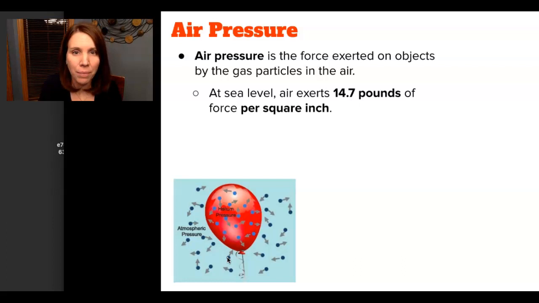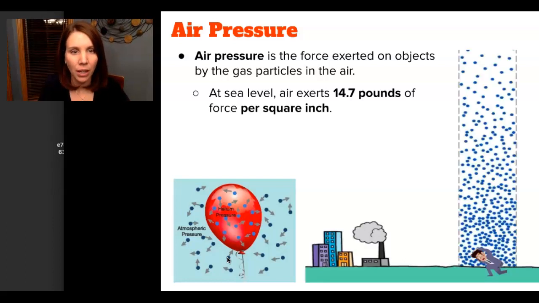At sea level, meaning at ground level, there's exactly 14.7 pounds of force per square inch pushing down on you. So for every square inch on your body, there's 14.7 pounds of force being pushed down on you by the gas particles in the air.